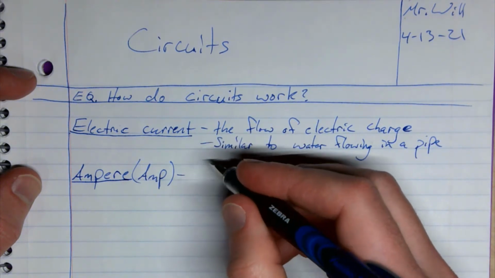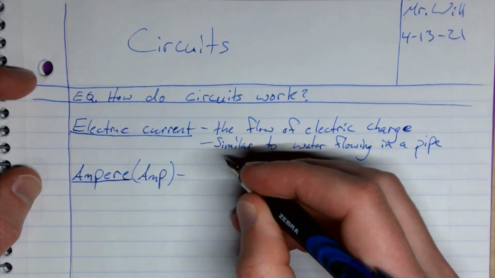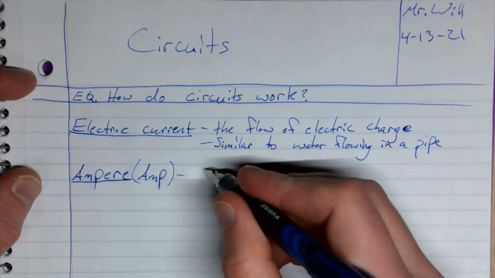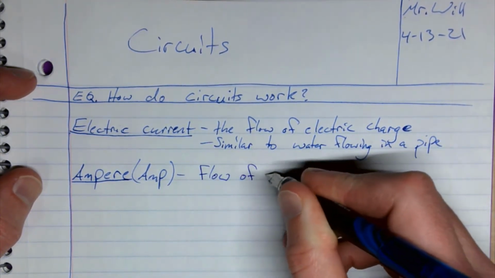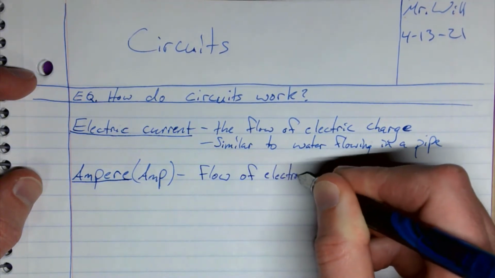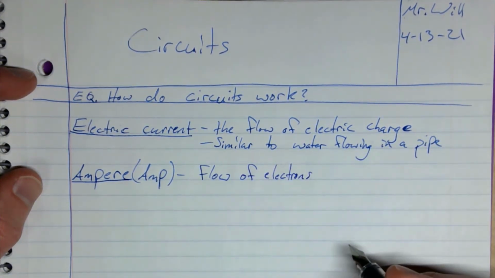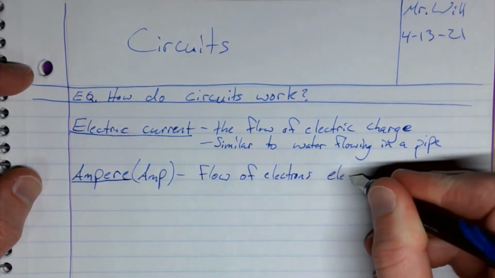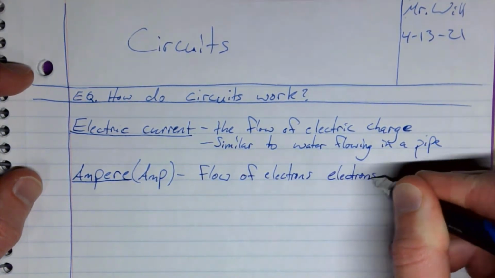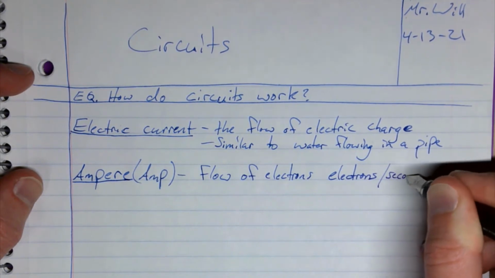the flow of electrons. But more specifically, it's basically the electrons per second.